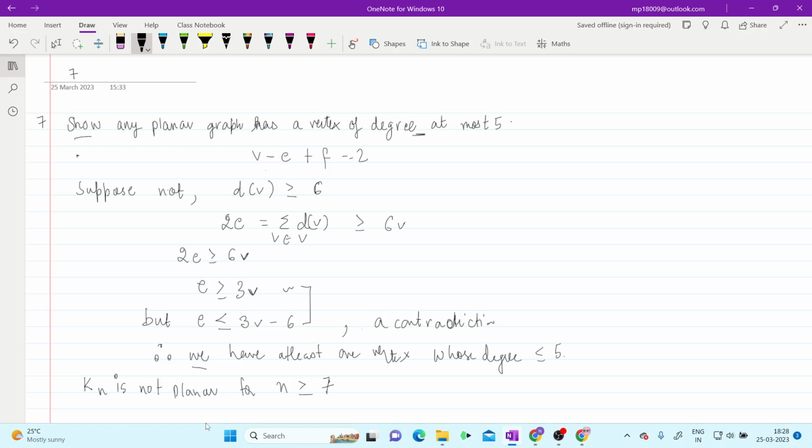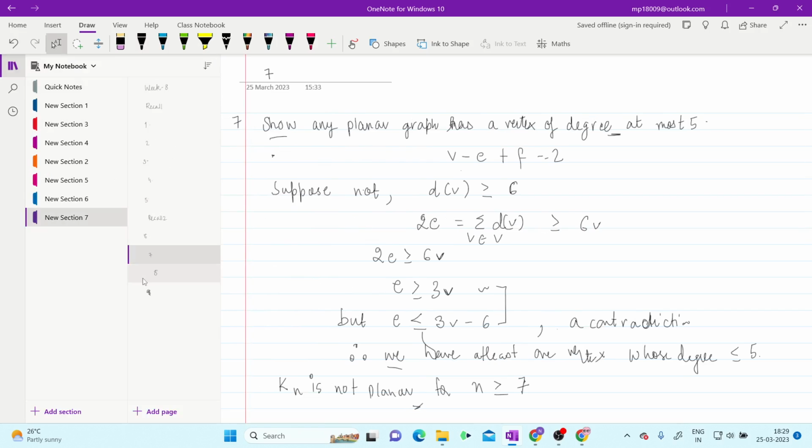So if you have any graph whose vertices all have degree strictly greater than 5, then you can directly say that the graph cannot be planar.